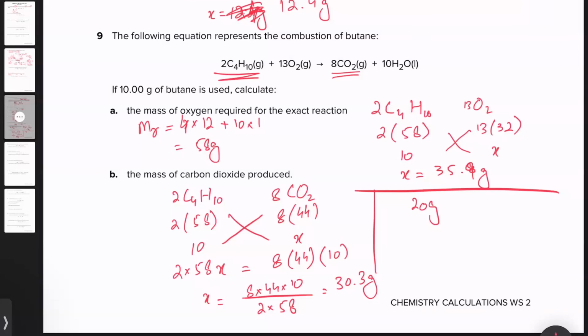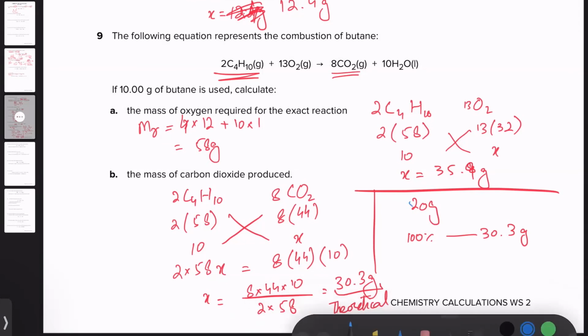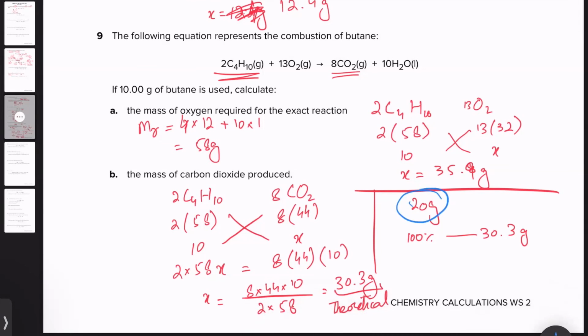If this reaction happened 100%, then we would get 30.3 grams. This value is called the theoretical value. But when we actually did the experiment, we only got this one, which is called the practical value.